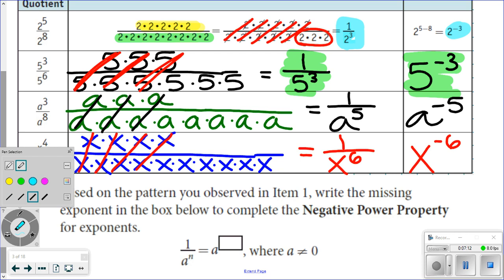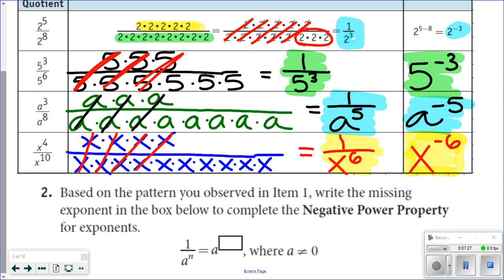Okay, let's take a look at what is happening from here to here, or from here to here, because these go hand in hand. So what's the difference? What do you notice between these two?